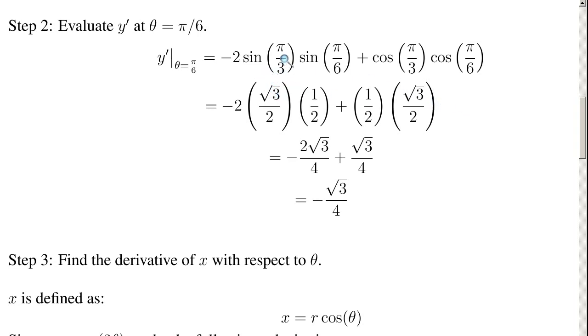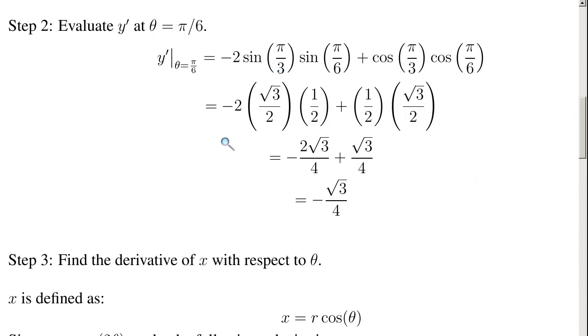Whenever the angle is pi over 3, it's a tall triangle where you have 1, 2, root 3, and then just take your fractions from there. Or pi over 6, that's your short triangle, where this side is 1, the hypotenuse is 2, and the base is root 3. And then you just take your fractions from that. So that's how you get to this.